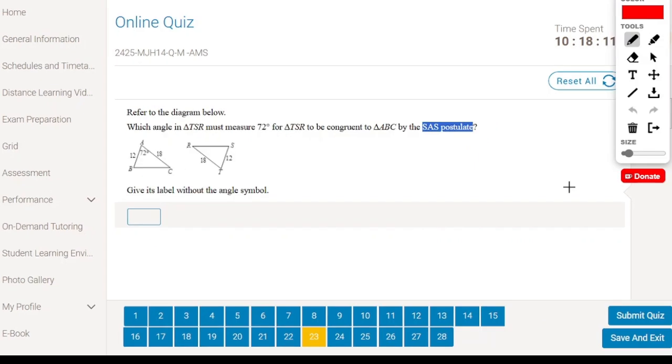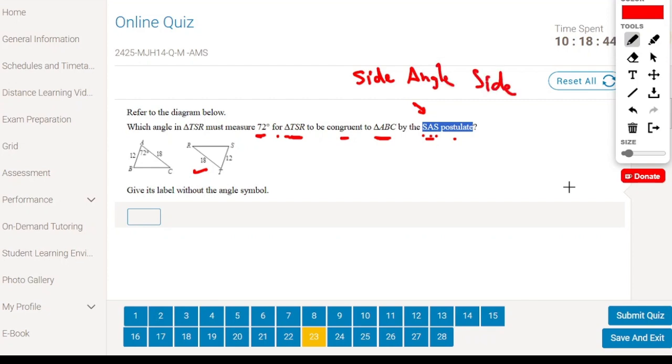Question number 23. Refer to the diagram below. Which angle in triangle TSR must measure 72 for triangle TSR to be congruent to triangle ABC by the SAS postulate? SAS means side angle side.